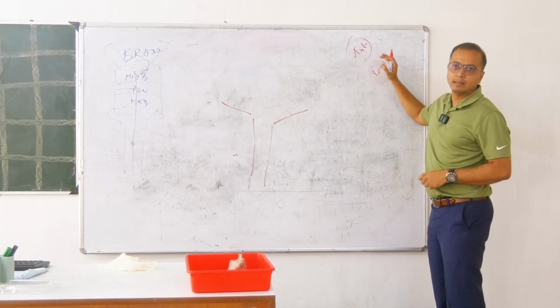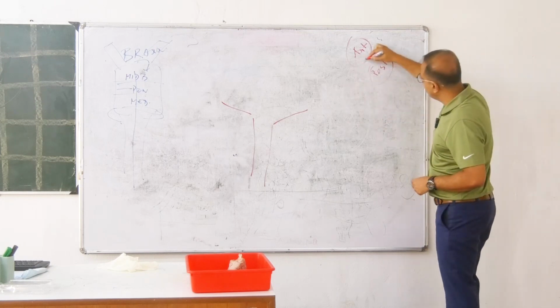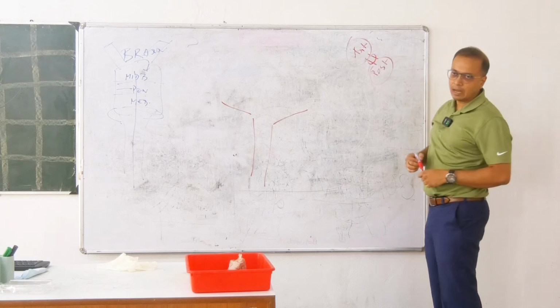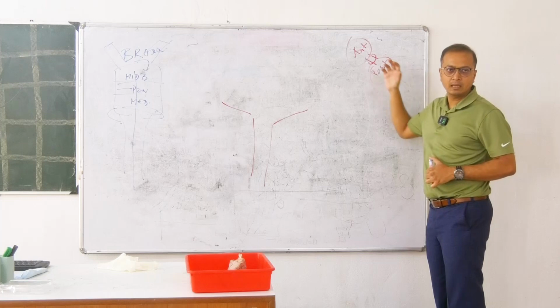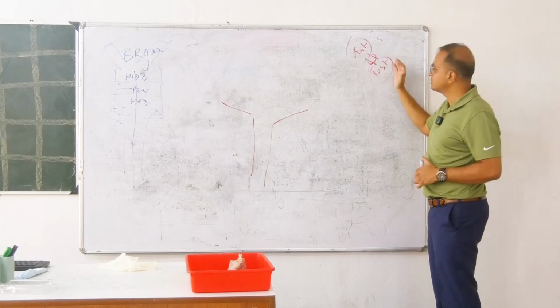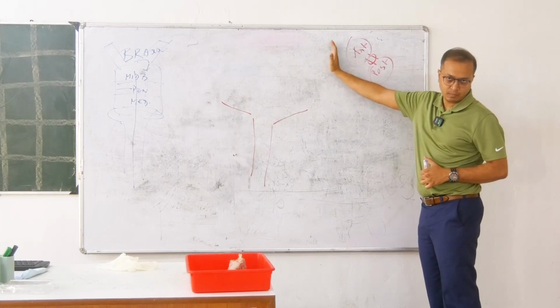Both the anterior and posterior sets give nutrition to the brain, and joining them we have a line we call the circle of Willis. The circle of Willis is basically an anastomosis joining the posterior circulation of the brain with the anterior circulation of the brain.